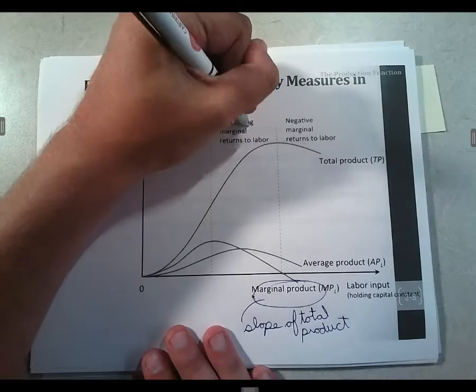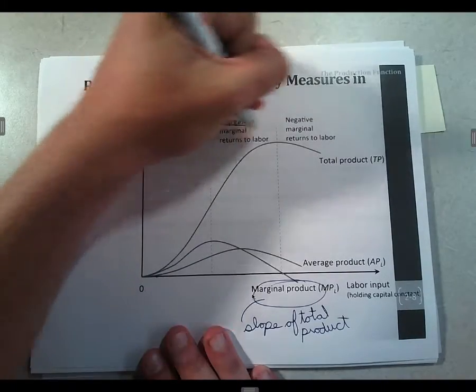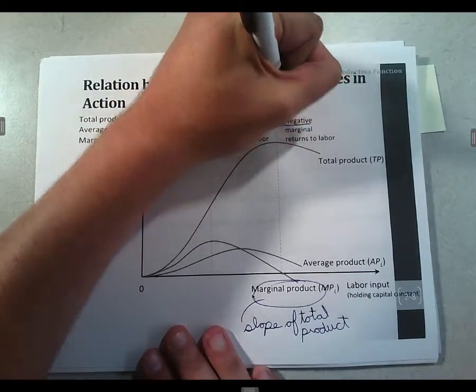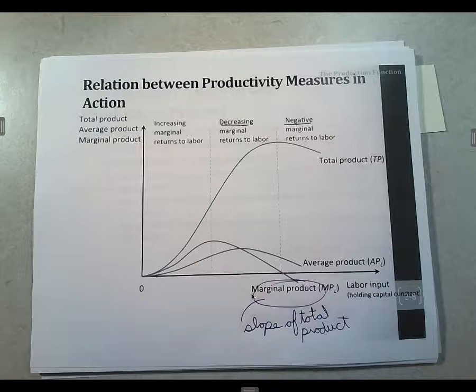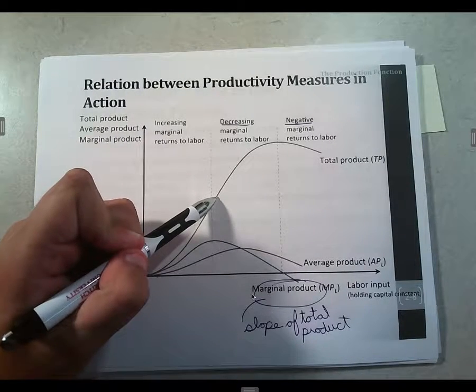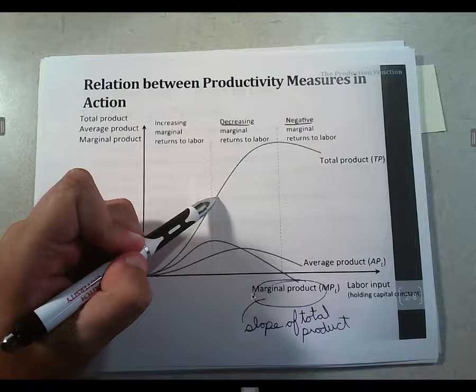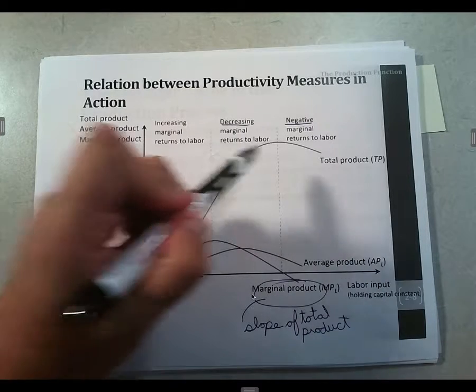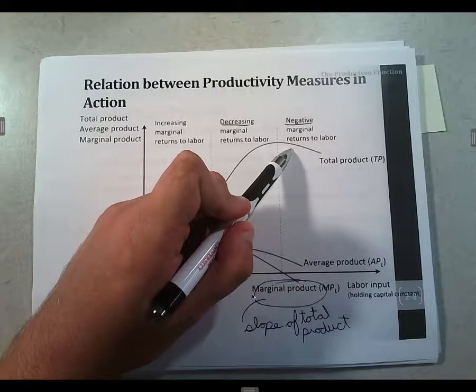Notice that there's a difference between decreasing marginal returns and negative marginal returns. Decreasing marginal returns to labor means I get more work out of each worker, just not as much as I used to. Negative marginal returns says that adding more workers actually lowers my production.